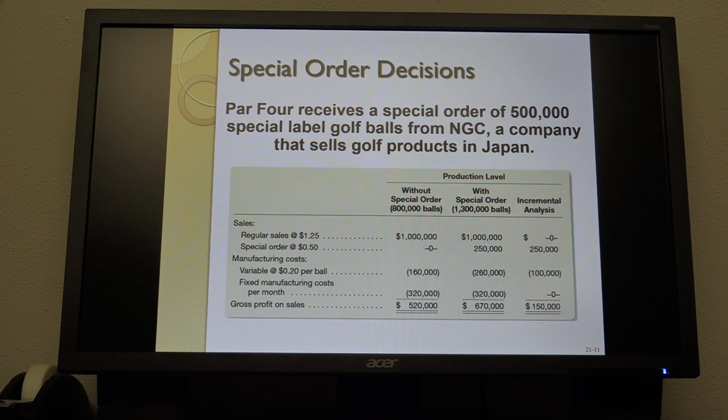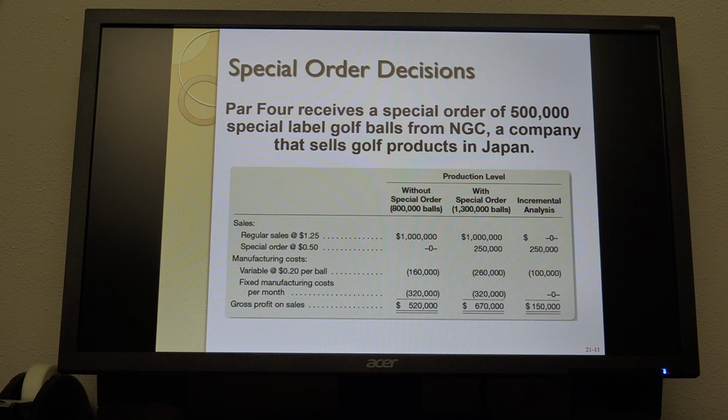That's the difference between $260,000 and $160,000, so the $100,000 difference is what matters. And of course, fixed manufacturing costs don't change regardless of whether or not we accept this special order, so we don't consider that either. Bottom line, when doing your incremental analysis, you would come up with the fact that you're making $150,000 more by accepting this special order.